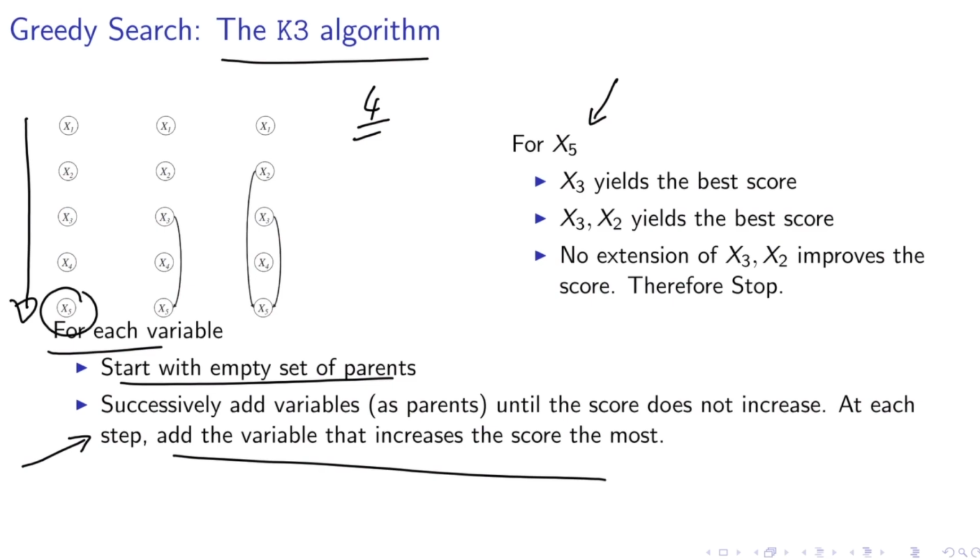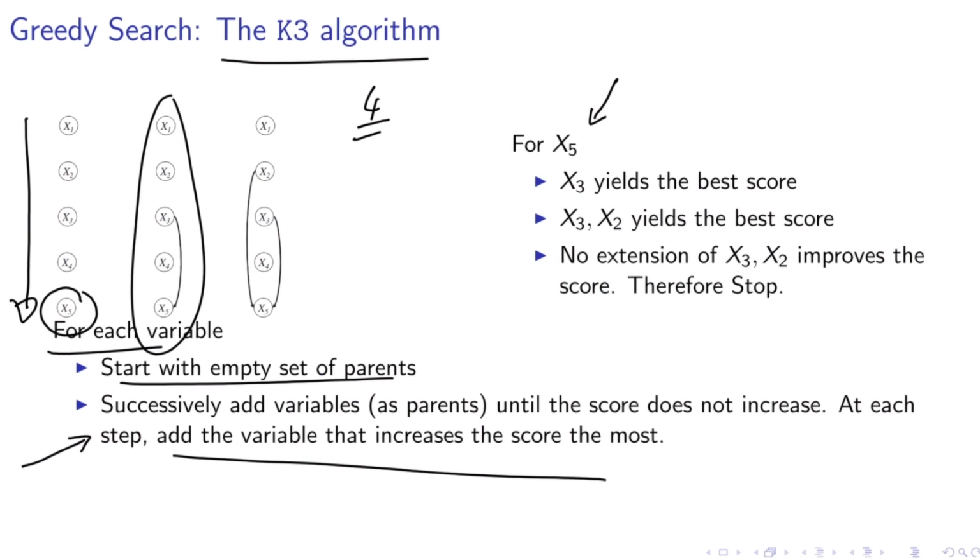If it turns out that the MDL score of the edge from x3 to x5 is the highest among the 4 possible parents, then I will add the edge between x3 and x5. Now x3 is the parent of x5, and this is my new network.